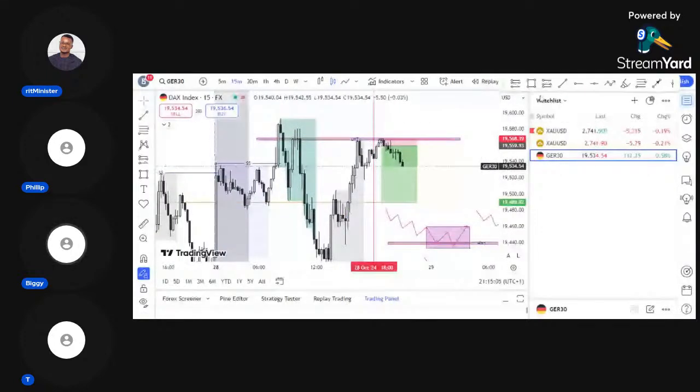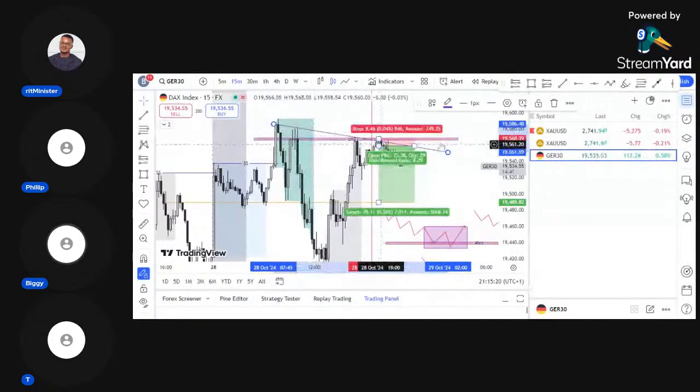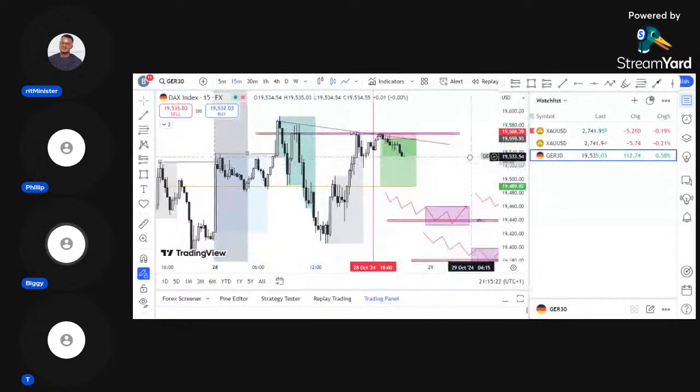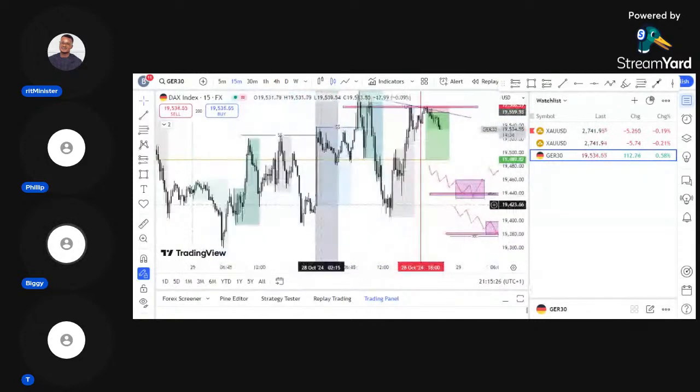So if you just plot a little trend line, you can see that we're touching here, and then we are touching again here. These are just little confluences. It's not like something really big.